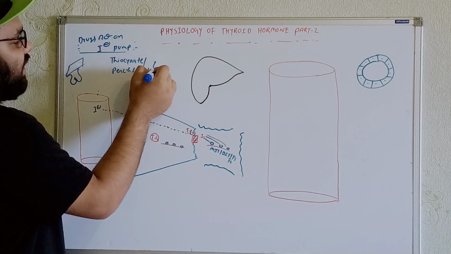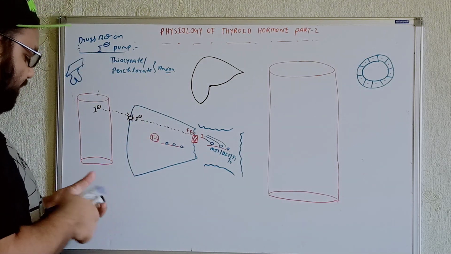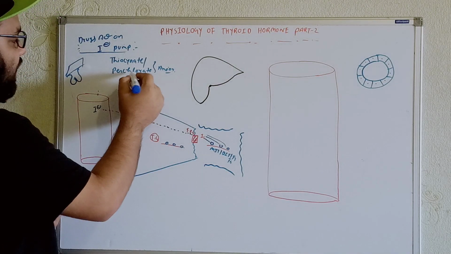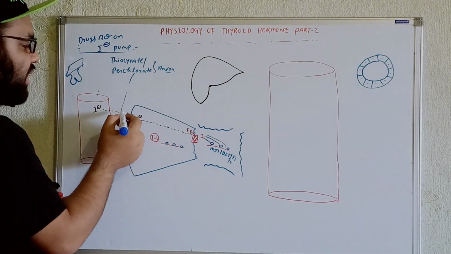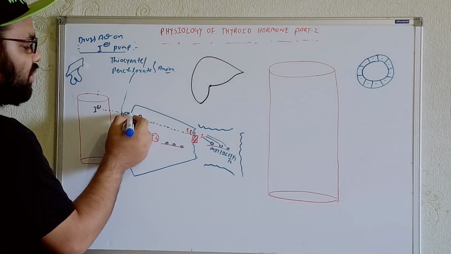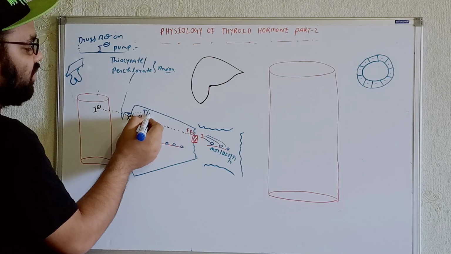These are the what? These are anions. Now what they will do, they will come over here, and after coming here, they will use this iodide pump for themselves, and they will go into the cells. These drugs, for example thiocyanate or perchlorate.